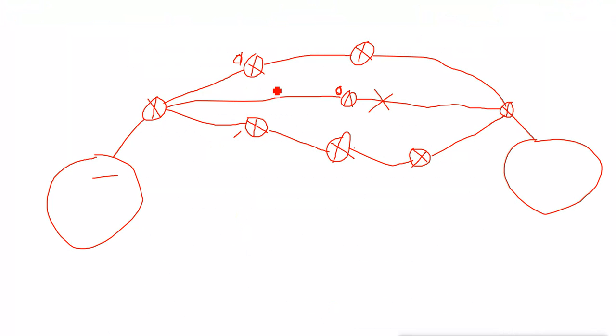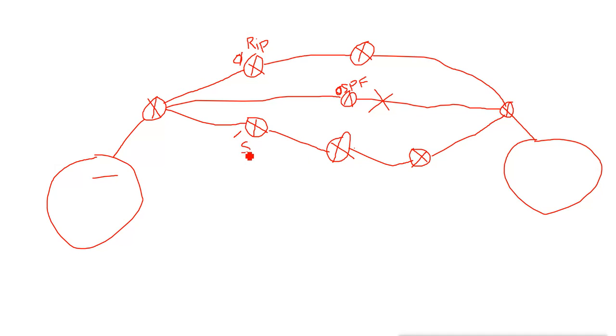suppose this is the design and what we have configured is like we have configured RIP in this router, and in this router we have configured OSPF, and on this side we configure static routing.